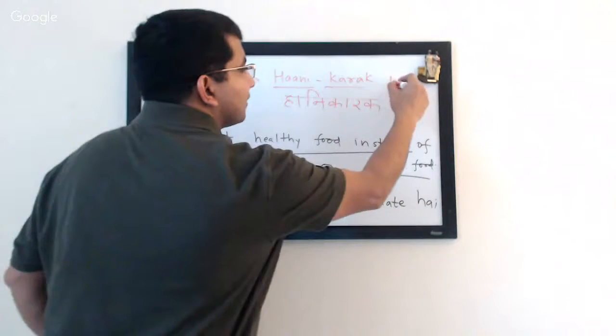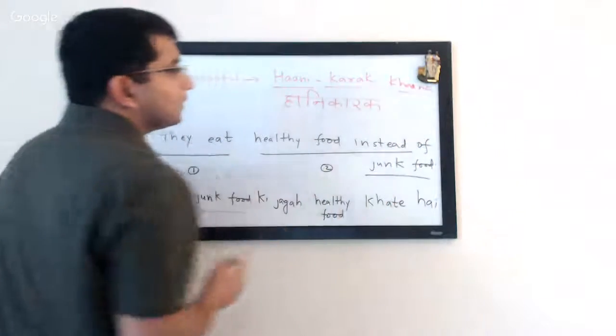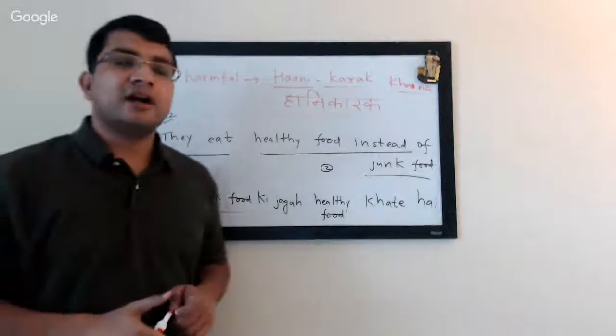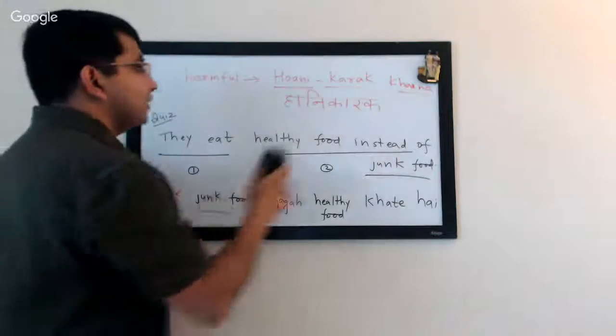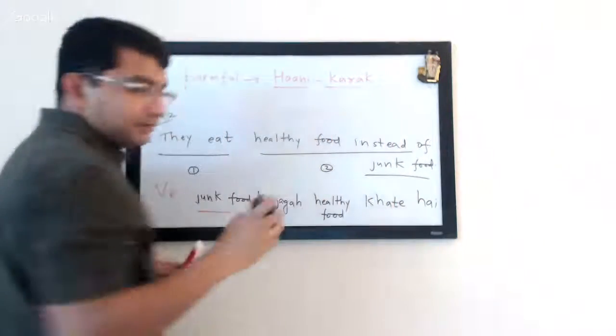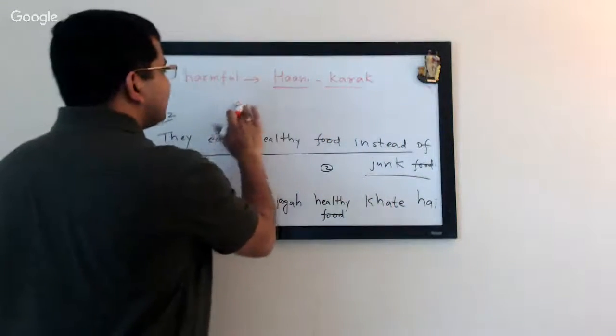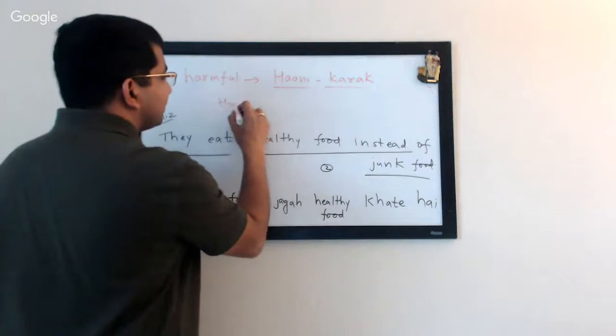Hanikarak khana, right? Or if you simply want to say hanikarak material, or something which is harmful, you'll say hanikarak. It's a little difficult, but I'll still write it down. Anything which is harmful material, it's hanikarak.